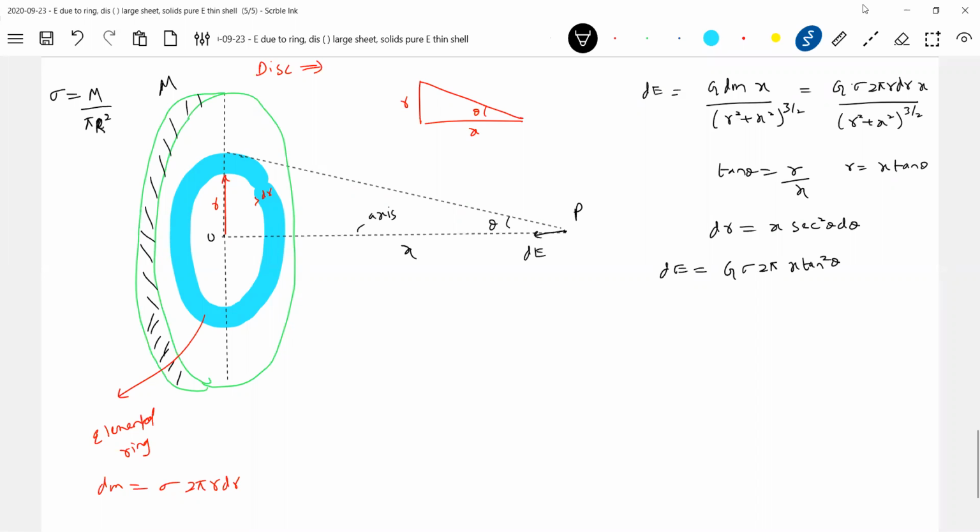I think some problem is there with the visibility. Okay, let me try this one.